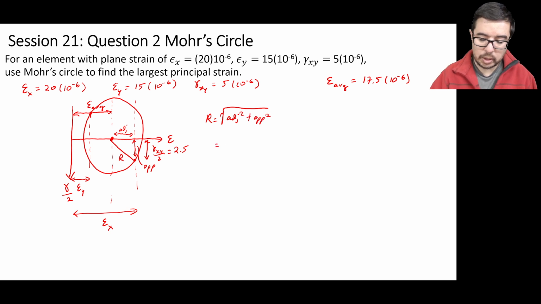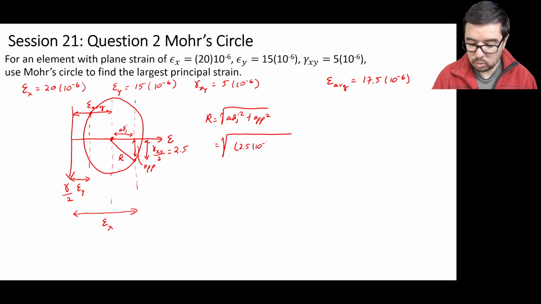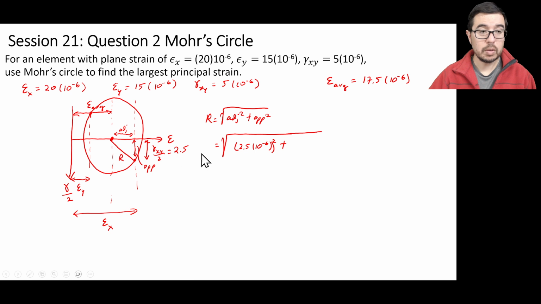What is the adjacent? Well, the adjacent is going to be epsilon x minus this average, right? So that's only 2.5 microstrain. And then the opposite is going to also be 2.5 squared.